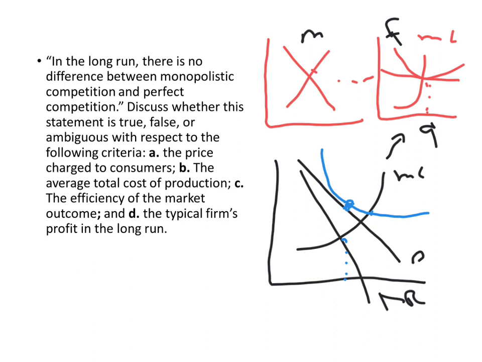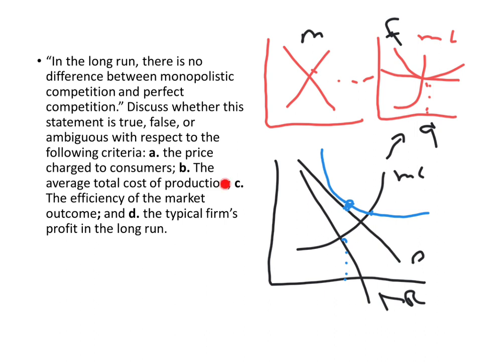In the long run, what is happening to the price? Well, we know that because MR is less than demand, we're always going to get a price that's a little bit higher in any imperfect competitor, monopolistic competition. So in the long run, the price is going to be higher because MR is less than demand. The price here is taken from the market, so the price is going to be lower in perfect competition.